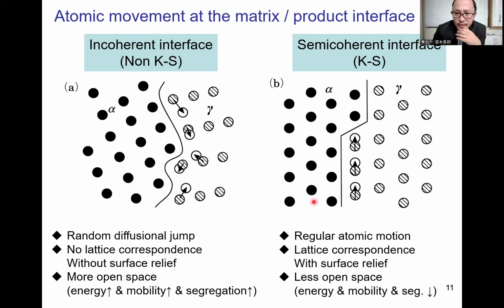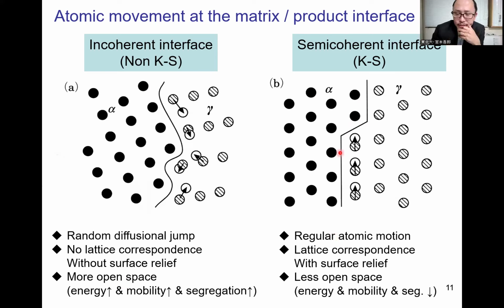On the other hand, at semi-coherent interface, case interface, the FCC structure changes to BCC structure by regular atomic motion along specific direction, which causes the shape deformation during phase transformation, which also causes surface relief.